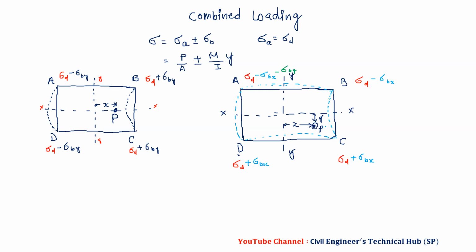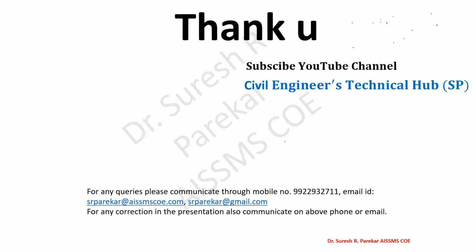Here we have plus because we have compression at BC, so plus sigma By, then plus sigma By, and then minus sigma By. Likewise, we have to decide the stresses. At this corner we have tension due to both X and Y. Here X is tension and Y is compression. Here we have both tension and compression because it is closer to C. Likewise, we have to decide the stresses.